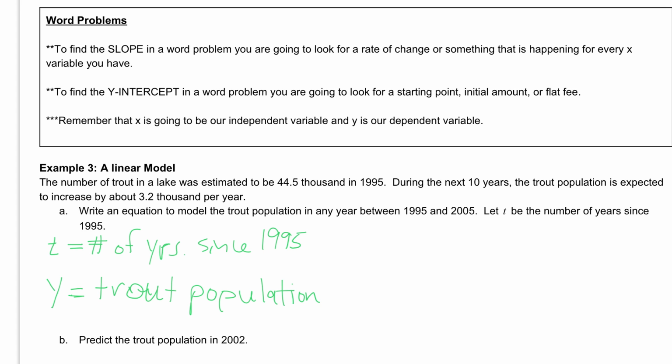Since y is the trout population, that's our dependent variable, it depends on the number of years, that means t is going to be our x, our independent variable.